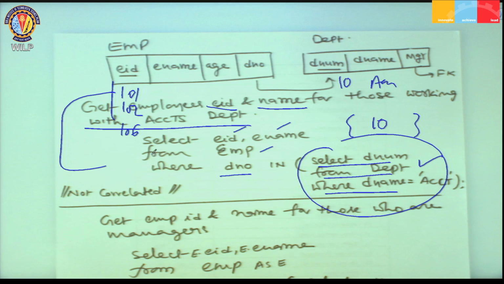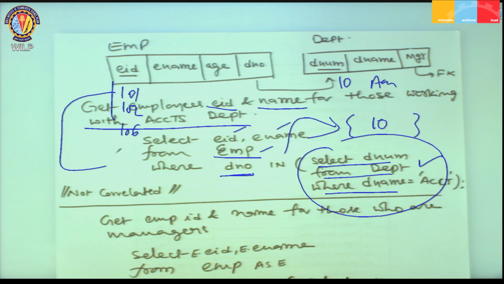Now in the outer query, in each iteration, it refers to each tuple in the employee table, which is the outer query relation, and then it will check whether the DNO of the tuple is in this set or not. If it is there in that set, then it evaluates to true, and such employee ID and employee name will show up in the result.